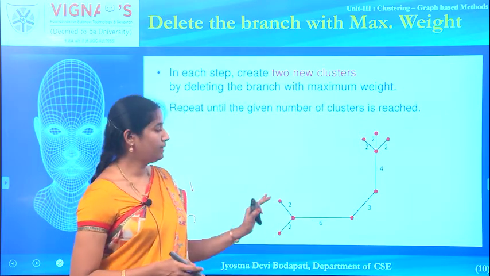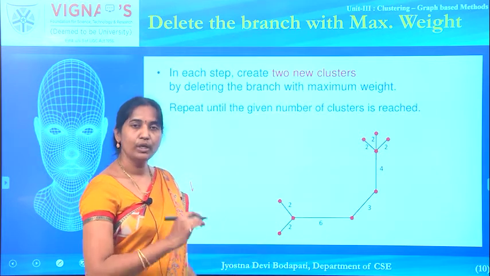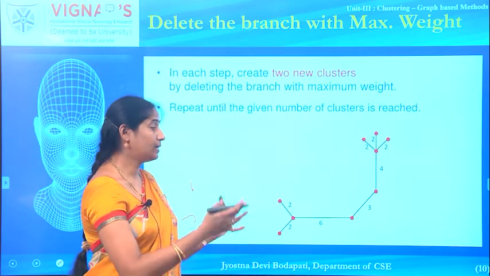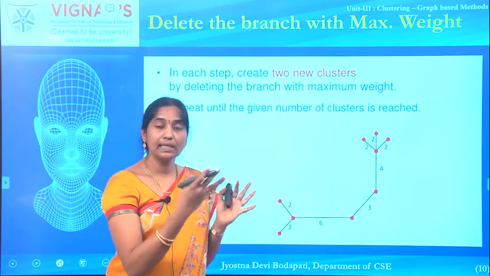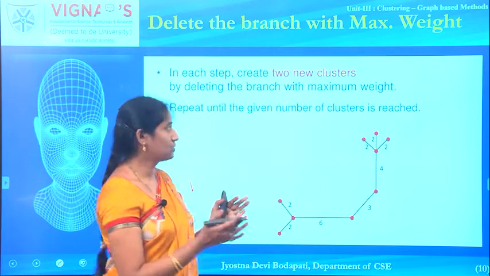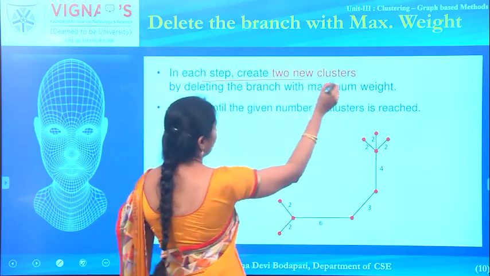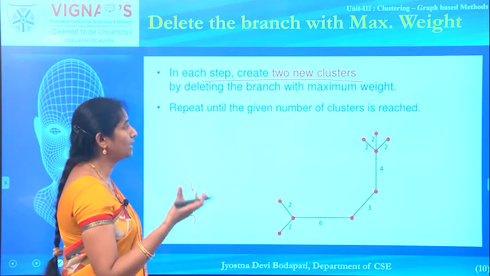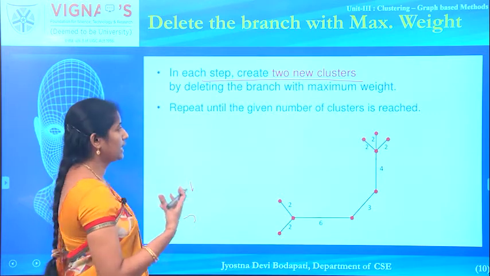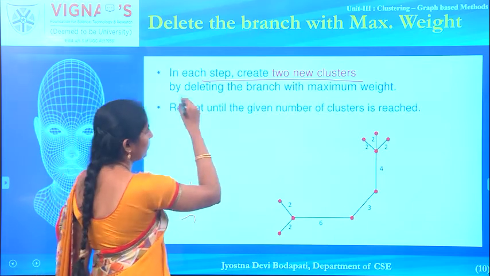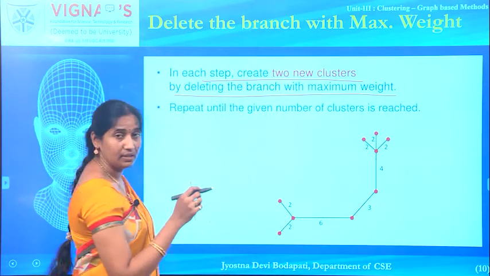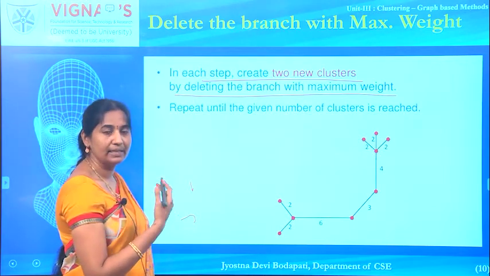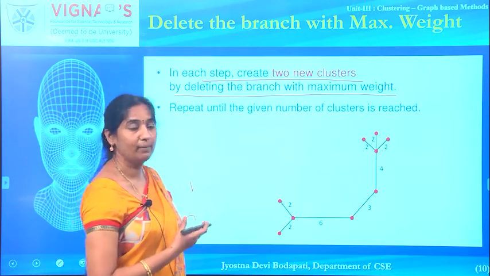Given this minimal spanning tree, at any stage if you remove one of the edges which is of maximum weight, that splits the single cluster into 2 separate clusters. In every step if you delete one edge, it gets you 2 new clusters instead of one single cluster. The process we are following here is the deletion of the maximum weight, and we need to repeat this process until we reach the required number of clusters.